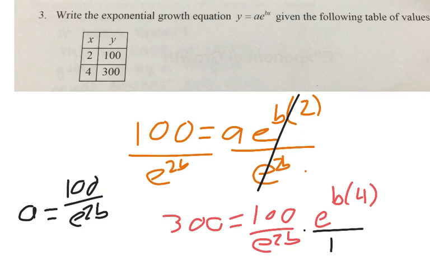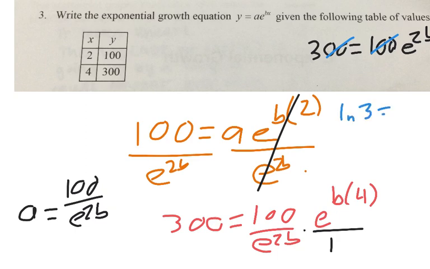So this would be 300 equals 100 times e to the 2b. Now what? Divide by 100. That leaves me with 3 equals e to the 2b. Natural log of 3 equals 2b.